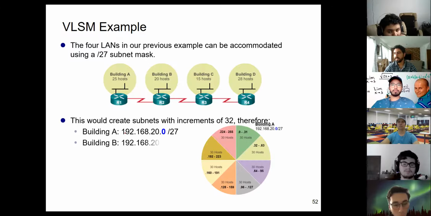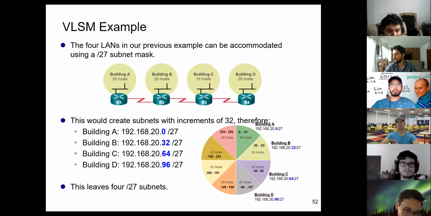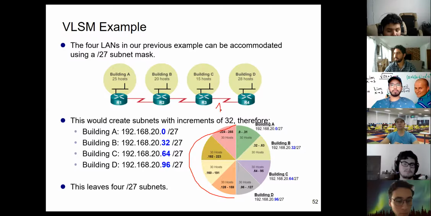So you assign this to building A, this goes to building B, building C, building D. And then you have now these 4 subnets to assign for the peer-to-peer communication between LANs.